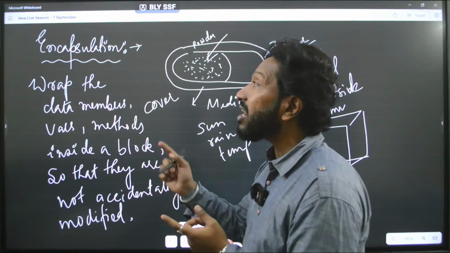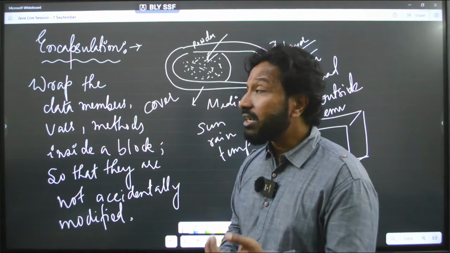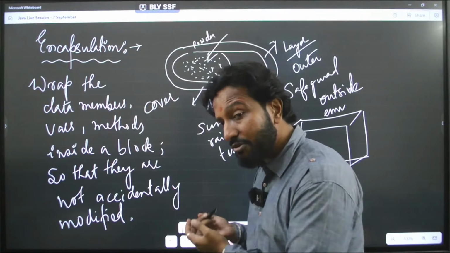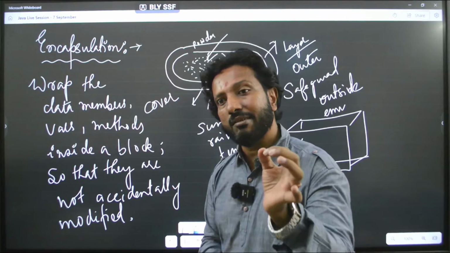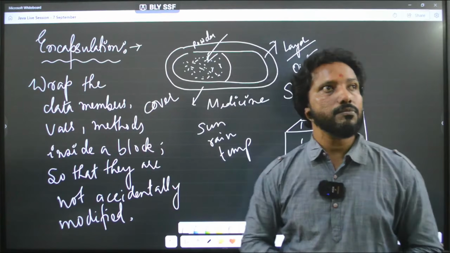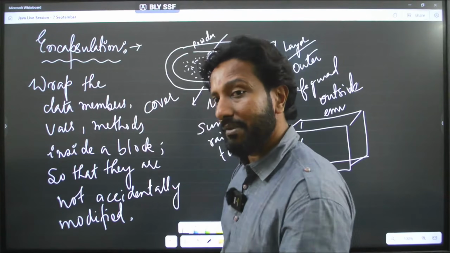Okay? Why is that important? Otherwise, anybody can come and modify your code, correct? This is how much access you provide to anyone. How is it done? Can anyone tell me how is it done? How do you achieve encapsulation in any programming language?